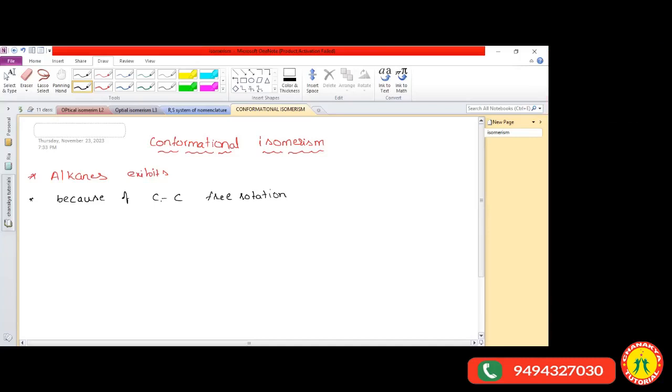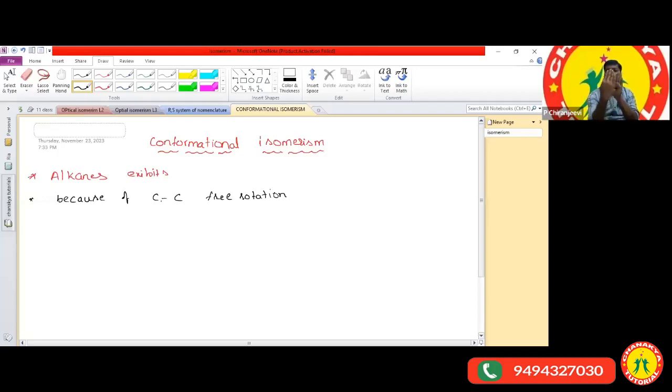No, sir. If it's at the same angle, no. But if it's a different angle, we can see. Very good. If I change this slightly, we can observe the two carbon atoms. Otherwise, if I keep it like this, it is not possible to see the two carbon atoms at a time.